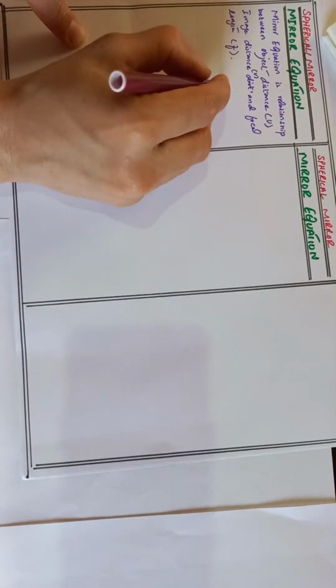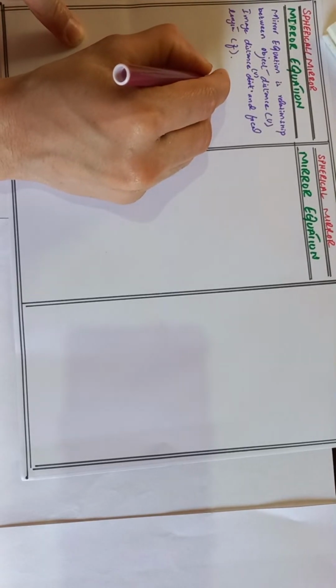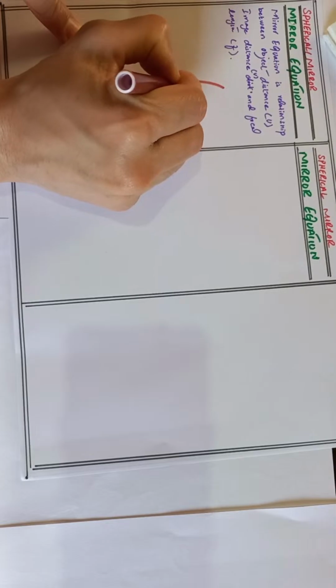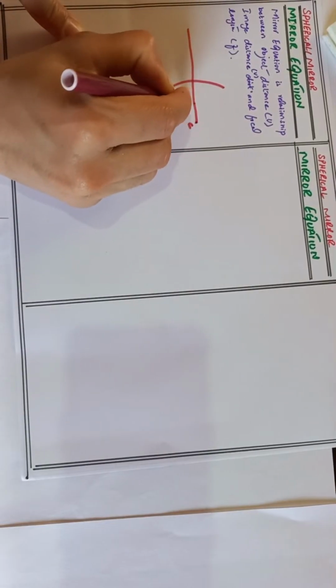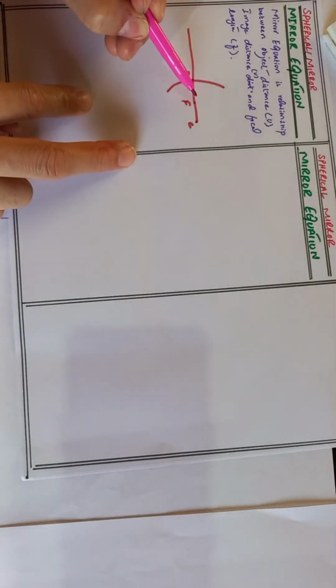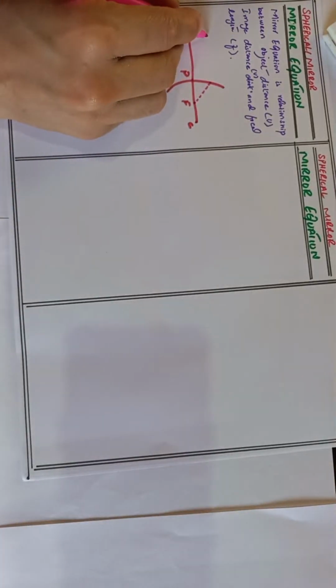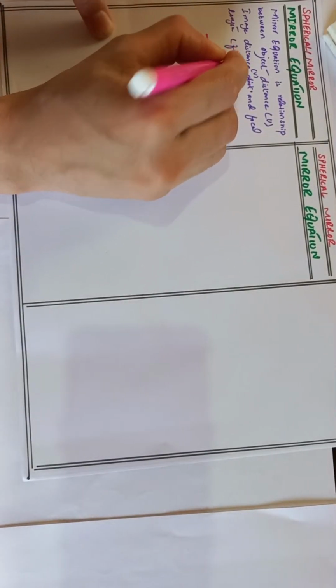Here we take the convex mirror. We know that this is the center of curvature, this is the focus, and this is the pole. Here is the ray that appears to come from the focus. This is the ray parallel to the principal axis that reflects and appears to come through the focus.